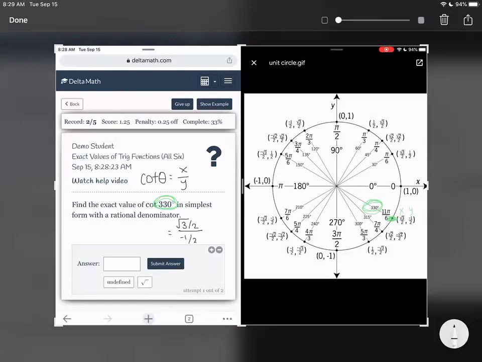Since they are both over 2, they can cancel out, because what you're really doing is multiplying the top and the bottom by 2. You get root 3 over negative 1, which simplifies to negative root 3. This one's easier. It just so happened that we don't have a radical on the bottom. Any questions on this one?